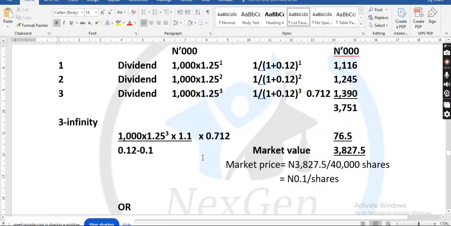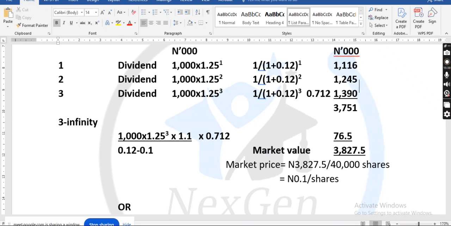Olanike. Good morning, sir. If we approximate to 76.5, it will affect the figure. We've already approximated the 1,000, which is supposed to be 1 million. So approximating the 76 again will affect the value. That's what I think. Okay, that's fine.